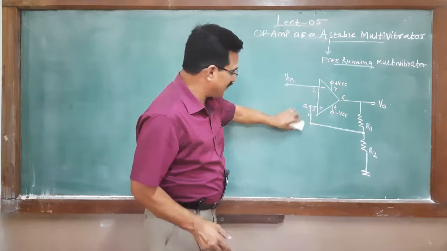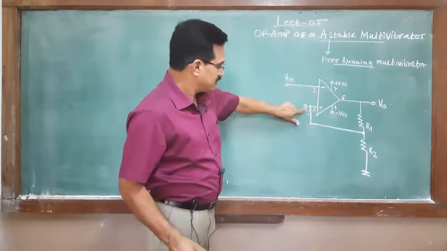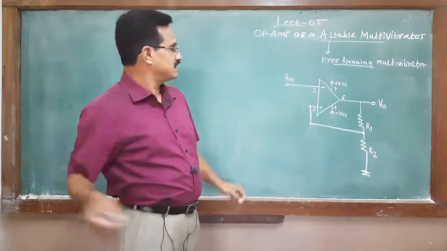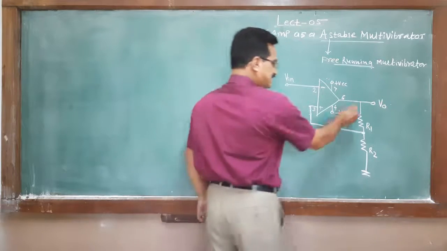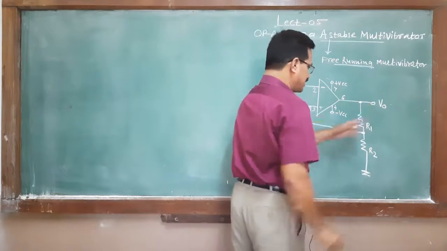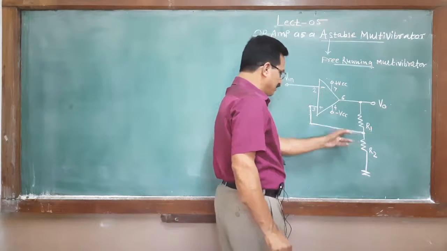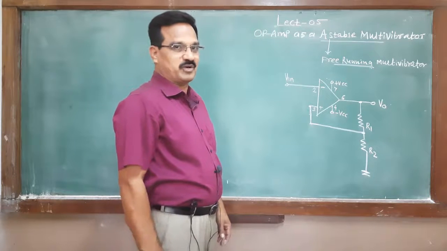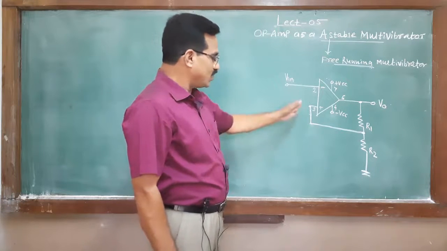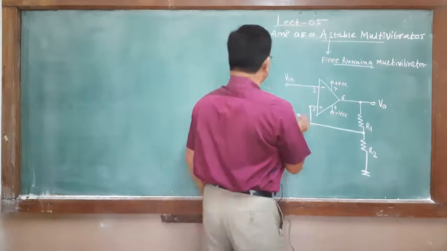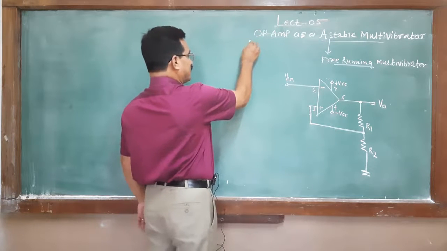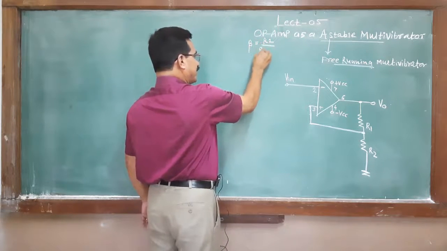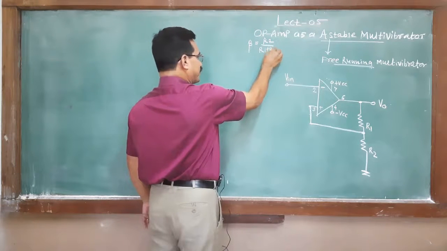But instead of that, some part of the output is given back to the input, positive feedback. What is the feedback factor? The feedback factor is beta, and the value of beta is R2 divided by R1 plus R2.